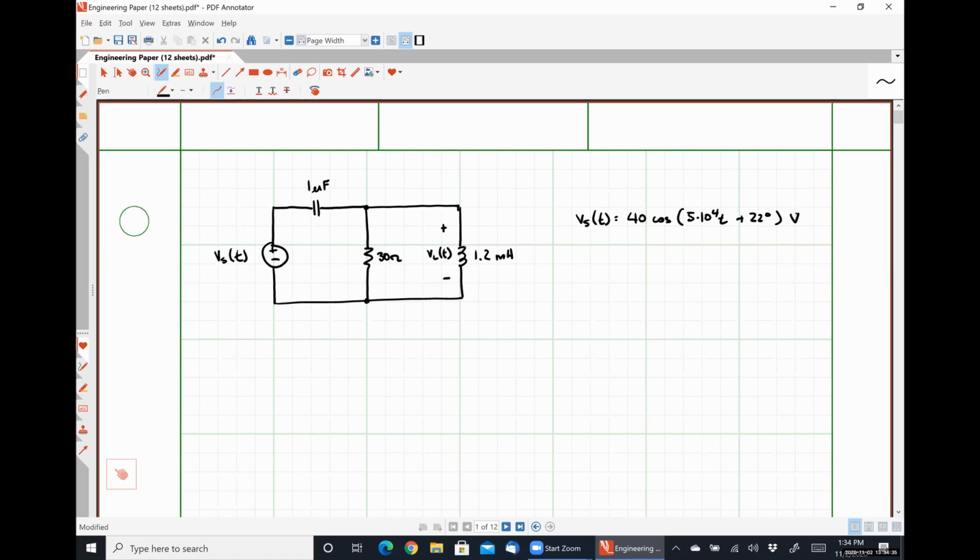In the frequency domain, all we're going to do is convert all of our voltages and currents into phasors, and then convert all of our resistances, capacitances, and inductances into impedances. So I'm going to redraw our circuit.